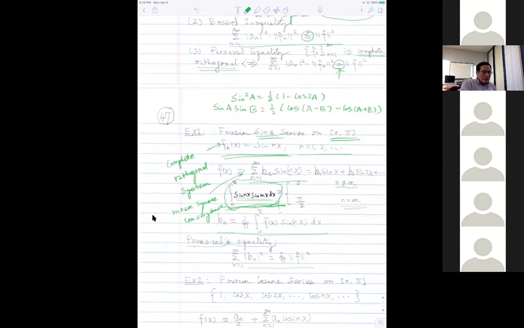Originally we have the norm of fn squared here, but the norm of fn squared is pi over 2, and then we divide both sides by pi over 2. That is how we get this 2 over pi in the identity. Is that clear?